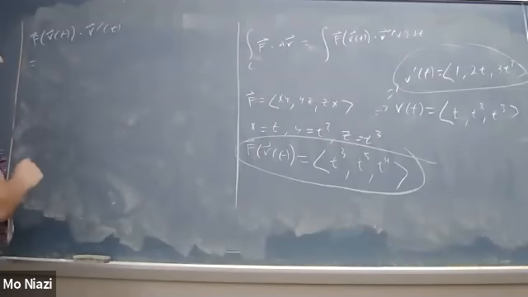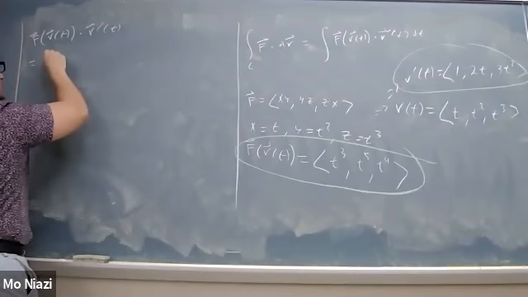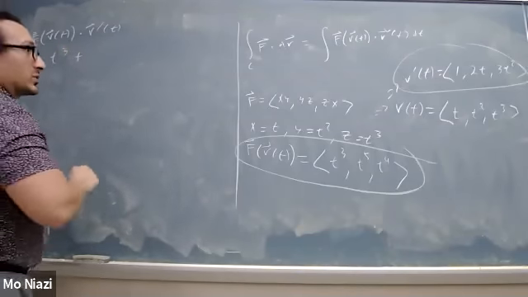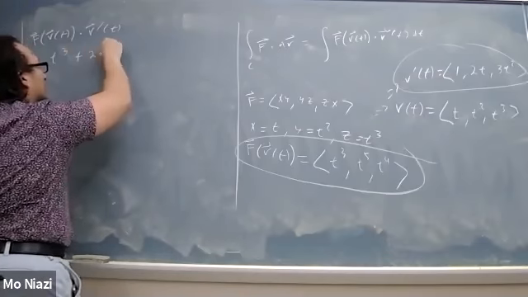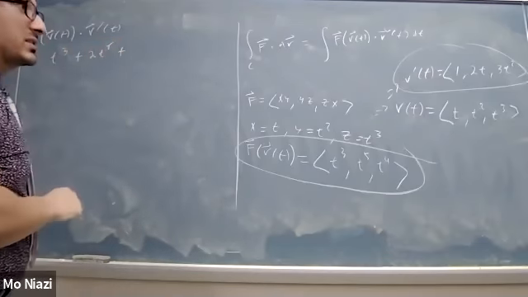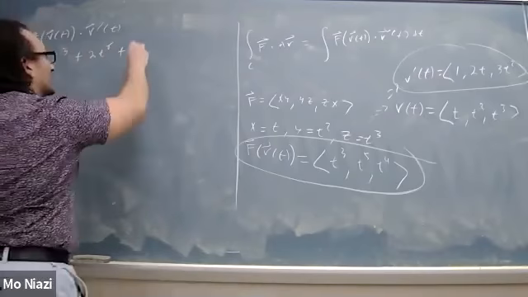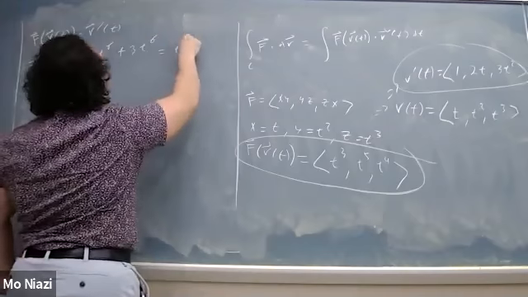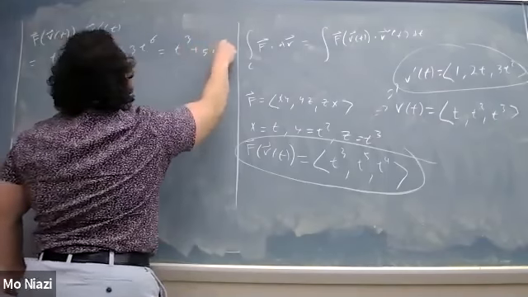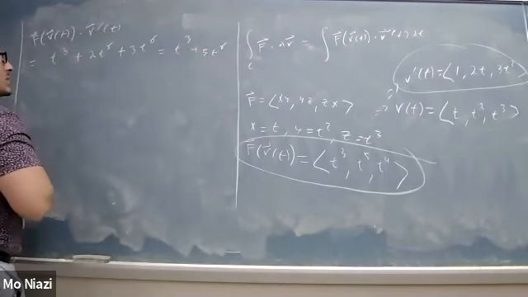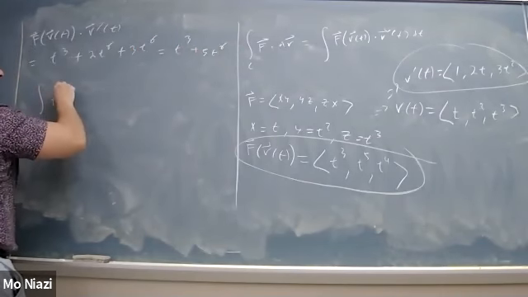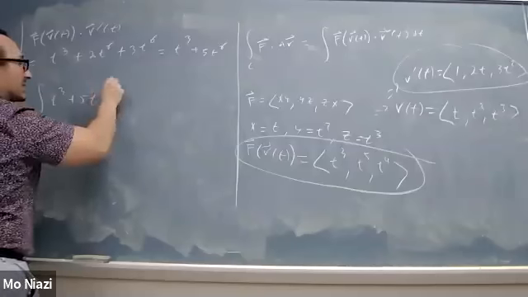So this ends up becoming 1 times t cubed, which is t cubed, 2t times t to the fifth, which becomes 2t to the sixth, plus t to the fourth times 3t squared, which is 3t to the sixth. We regroup the terms and we get t cubed plus 5t to the sixth. Okay. So then we take the integral of t cubed plus 5t to the sixth.